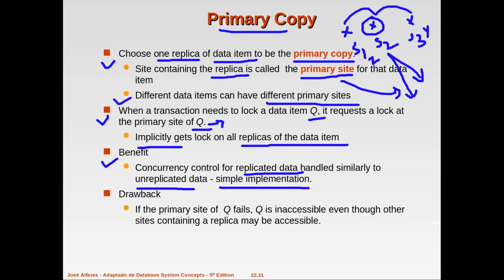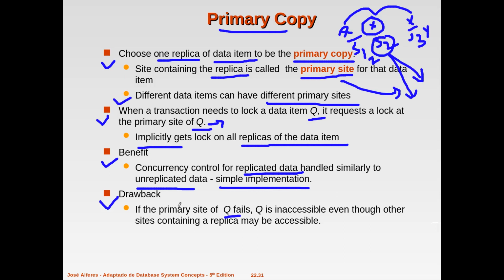Now the problem or disadvantage of using the primary copy method is that if the primary site fails, for example, if S2 was considered the primary site for item H and that site fails, the transaction cannot access the item H even if H is present in some other site also.